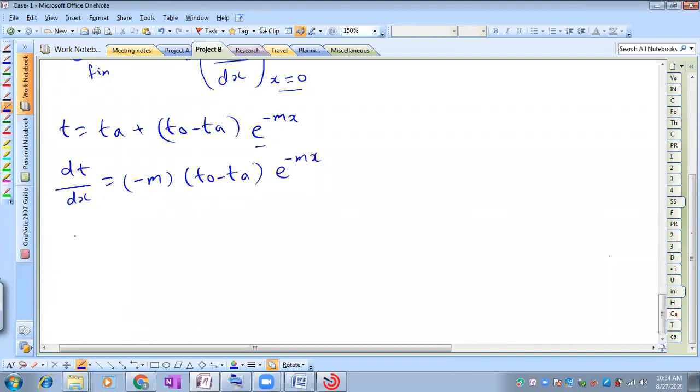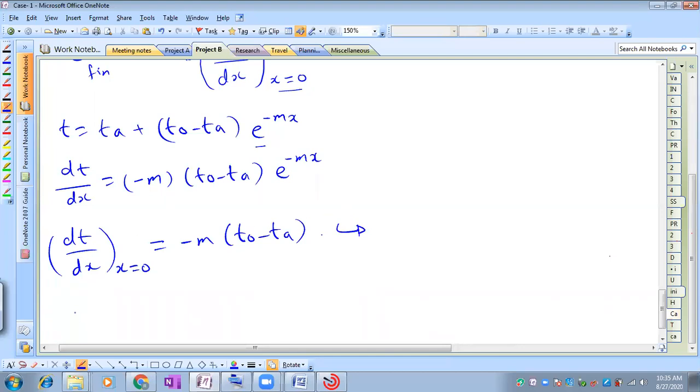But we want dT by dx at x equal to 0. So I can say minus m into (T0 minus Ta), since if I put x equal to 0, e raised to 0 is 1.